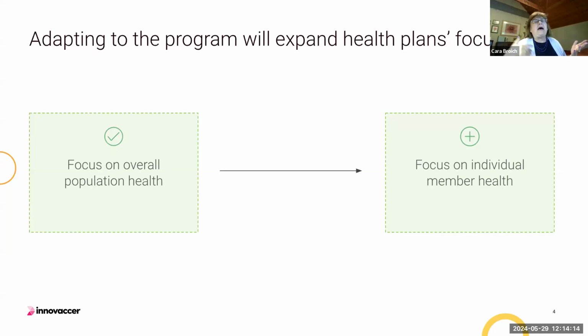But now we have different benefits we can offer. We can try and get them into housing. There's all kinds of things that health plans are able to do now that years ago we were not even remotely thinking about. All we thought about was that mammogram number. Then we switched from that, these individual member numbers, to a population health approach.